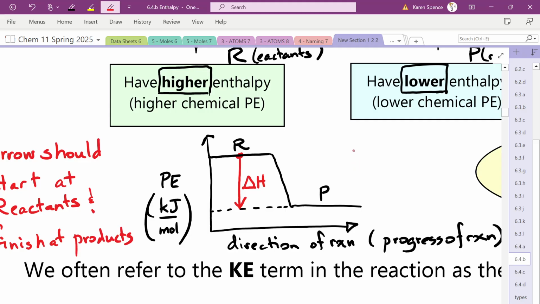So in this case, the arrow goes down. The potential energy is going down. Therefore, delta H is negative.